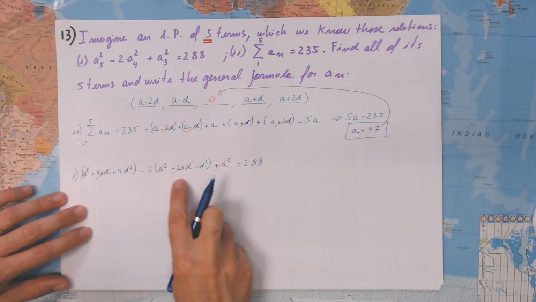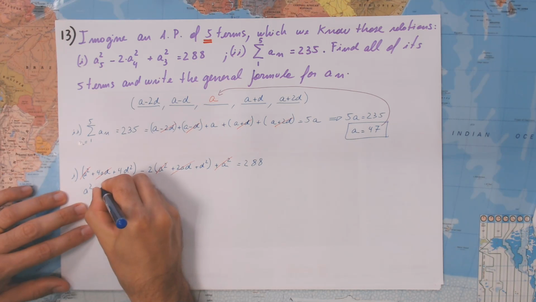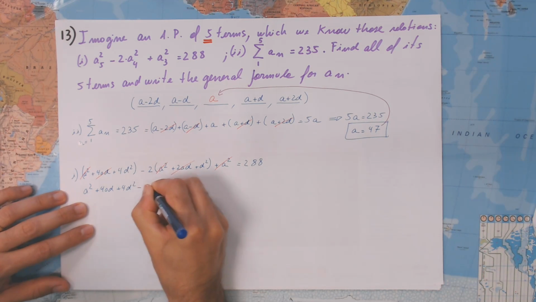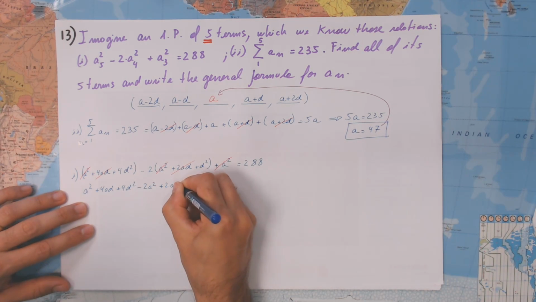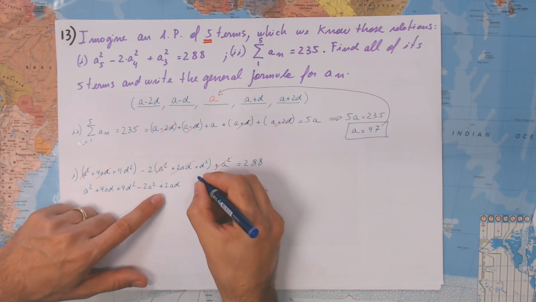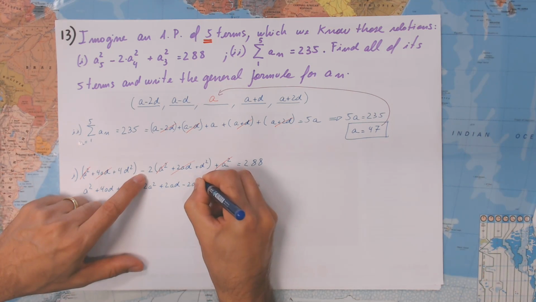Okay, and now what are we left with? Well, let me just do it in here. A squared plus 4AD plus 4D squared minus 2A squared. I'm just going to do it in case. Oh, this is a 4, I'm just correcting a second. Minus 2D squared. This is 4.